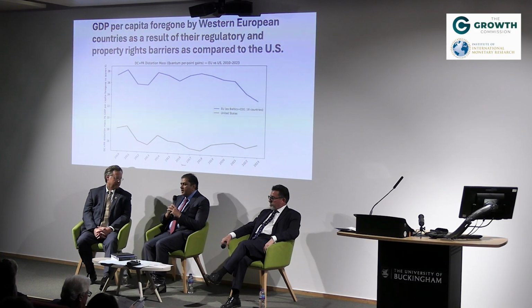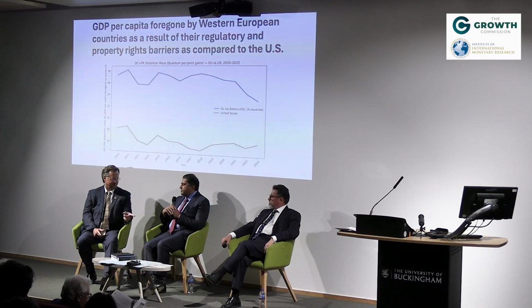Quite interestingly, when the Trump administration came in, there was an executive order on removing anti-competitive regulation from the US. So obviously their trade policy is designed to deal with lots of barriers around the world. But they're also saying, yes, we have barriers here, and we need to deal with those in order to generate economic growth. So if you could reflect on your experience of regulatory barriers in the US.